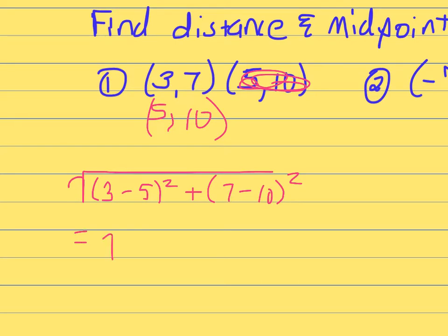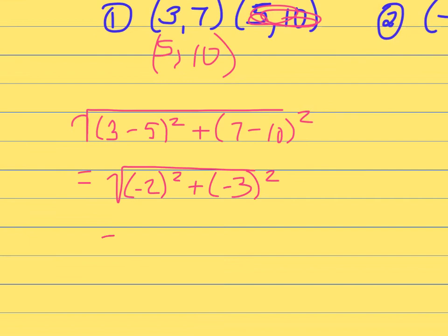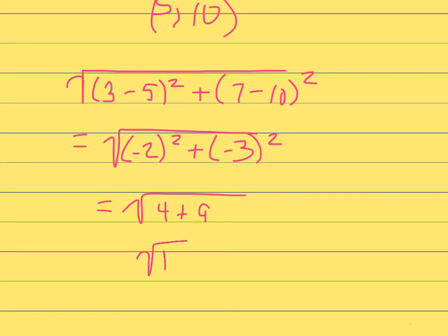And then we just simplify. What is 3 minus 5? So I have negative 2 squared plus, what's 7 minus 10? Negative 3 squared. So I have 4 plus 9, agreed? Yes. Square root 13. Can I break that down? No, so just leave it. If you can break it down, do you have to? Yes.